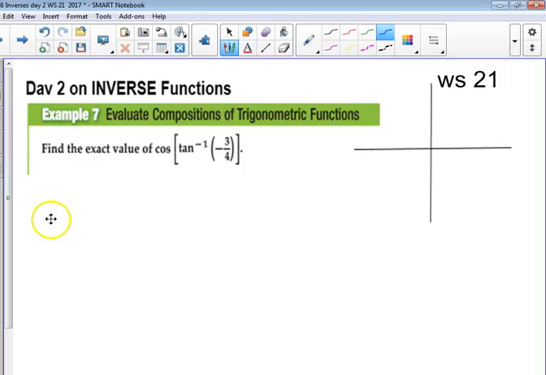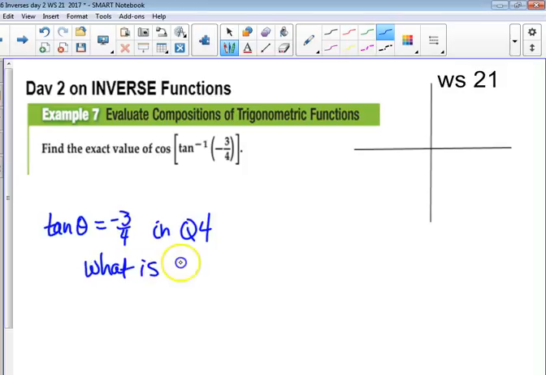This question used to say, remember? If the tangent is negative 3/4 and the angle theta is in quadrant 4, what is the cosine? And you had to draw it and figure it out, yes? It's asking the same thing. How do I know it's quadrant 4?